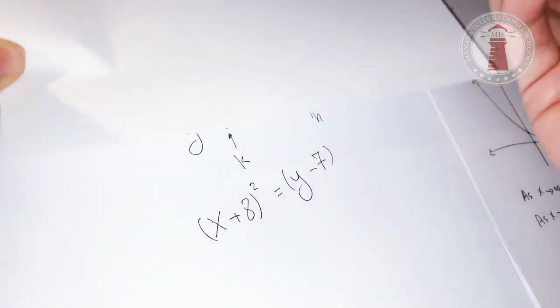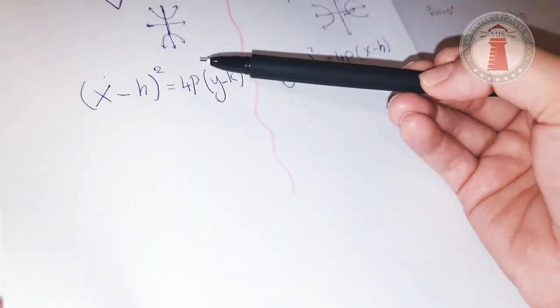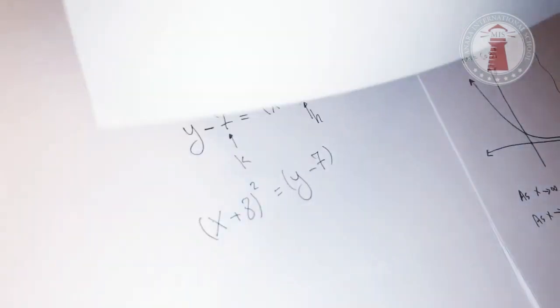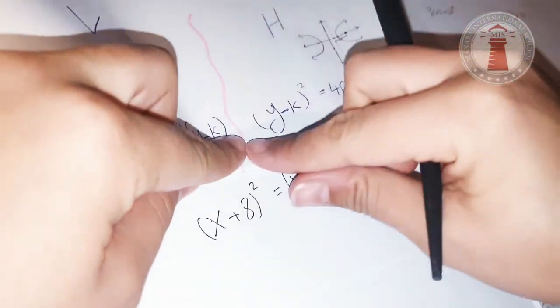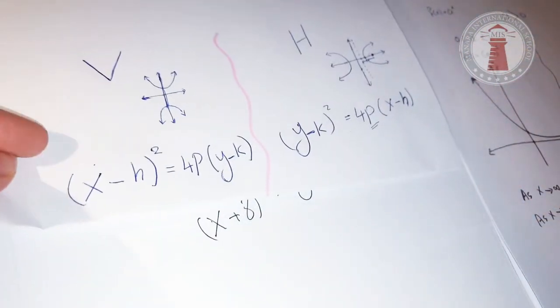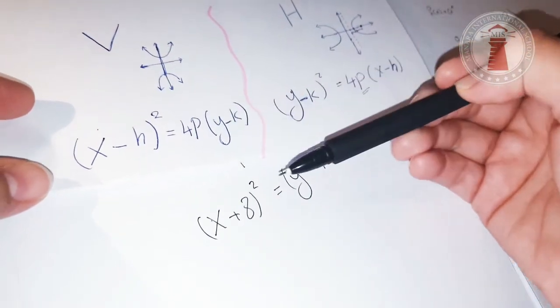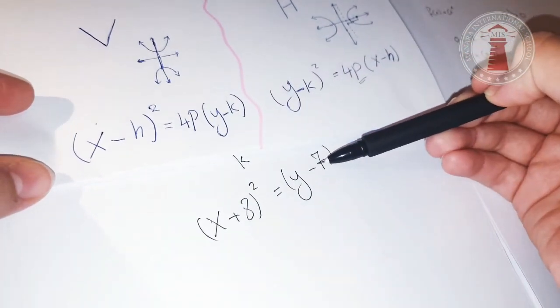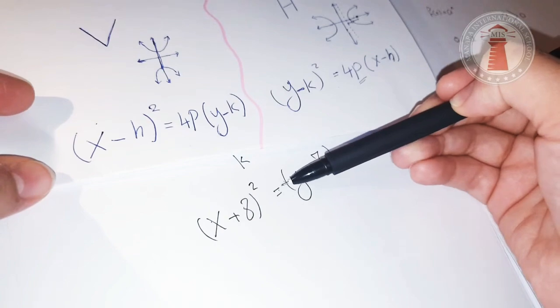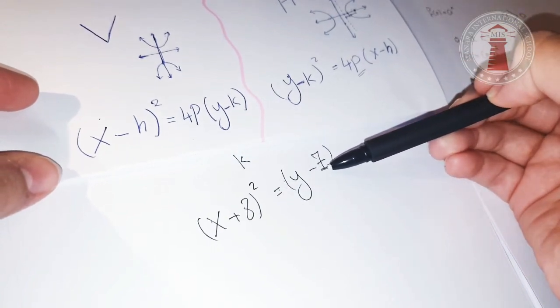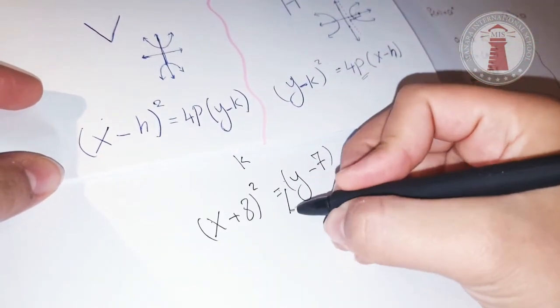Now, in this form, we're supposed to have 4p multiplied by y minus k, so it's multiplied by y minus 7. Is there any coefficient in here multiplied by y minus 7? Yes, there is, which is 1.